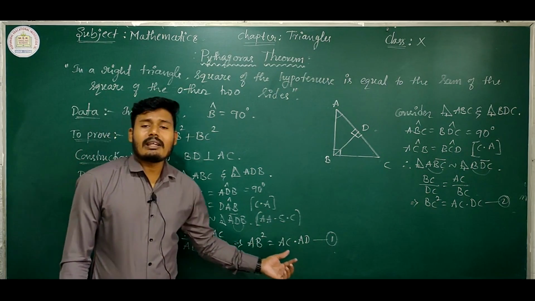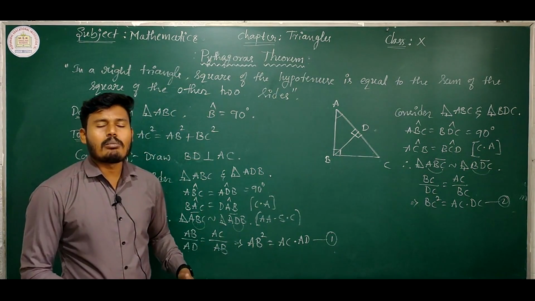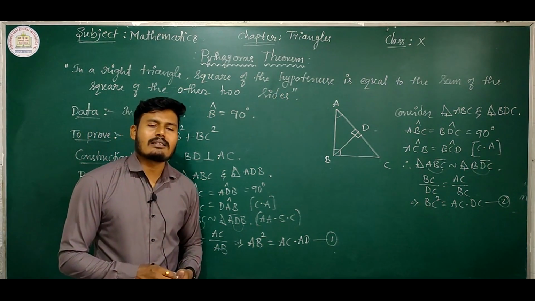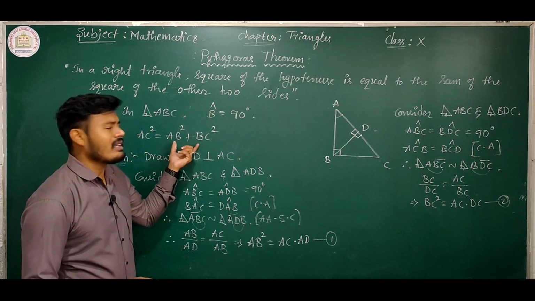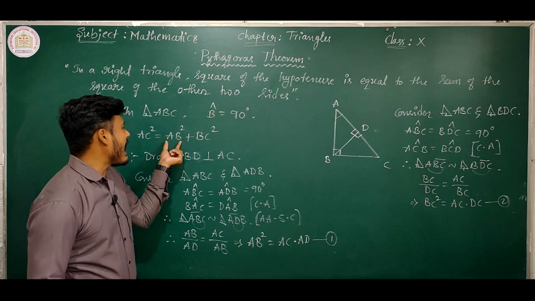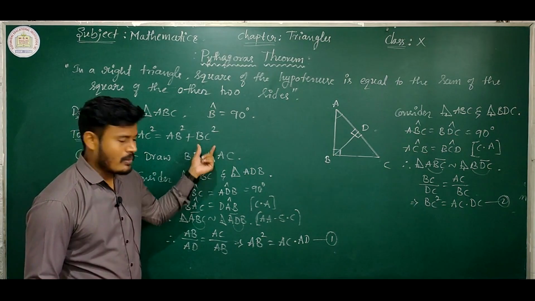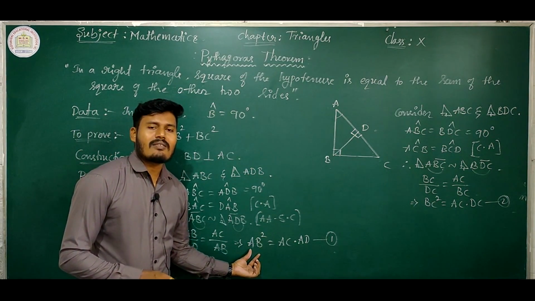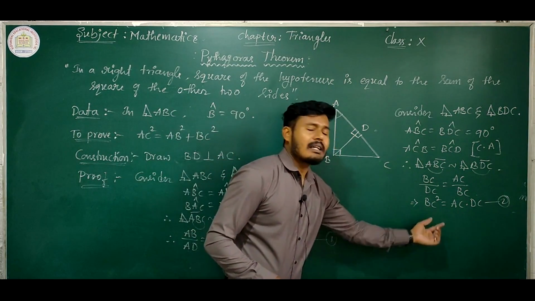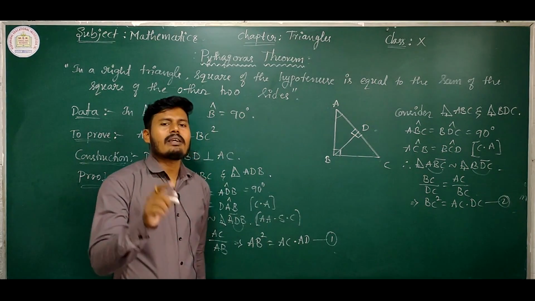Now we get two equations. You just add both the equations. Why are we going to add these two equations? By observing the proof of this theorem, we have AB square plus BC square. Here AB square is the LHS of the first equation and BC square is the LHS of the second equation. That's why you should add both.